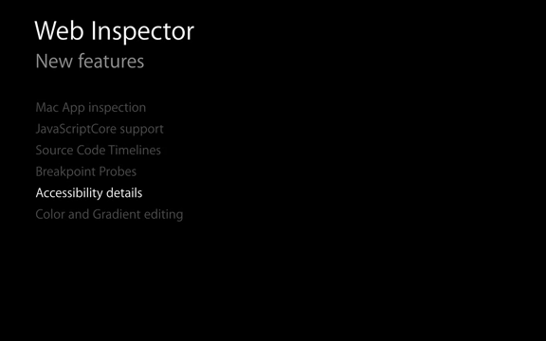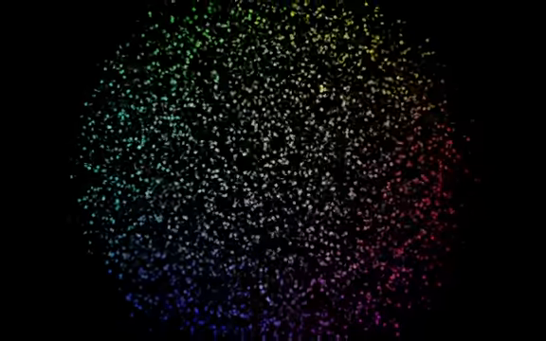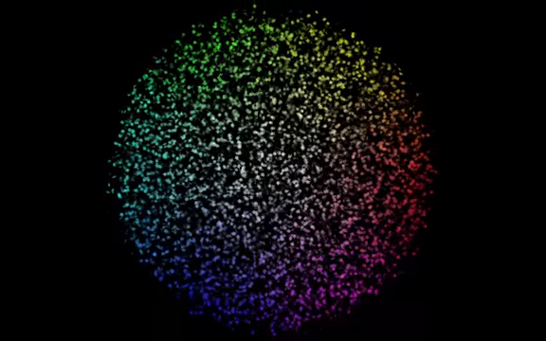So that's accessibility details. Now let's talk about something that's really fun, which is color. Color is one of those things. We, as people, can understand numbers, but colors, there's millions of them. And it's a very visual and a very personal process of picking the right color.